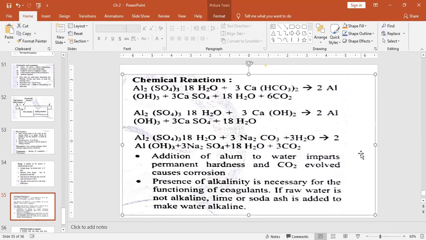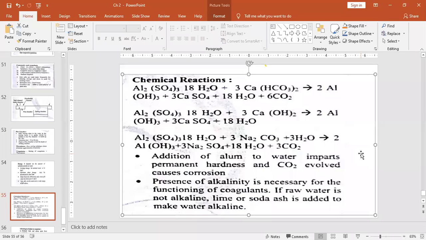Then aluminum sulfate reacts with calcium hydroxide present in water and converts into 2Al(OH)3 plus 3CaSO4, calcium sulfate, plus 18H2O. One more reaction we can find here: aluminum sulfate reacts with sodium carbonate, 3Na2CO3, plus 3H2O, and produces aluminum hydroxide plus sodium sulfate, water and carbon dioxide.